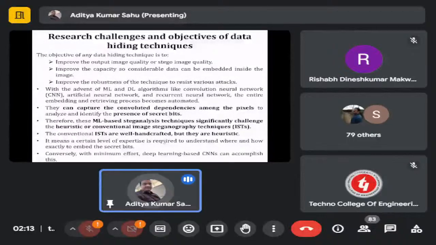Because the conventional image steganography techniques are well handcrafted, but they are heuristic in the sense that a certain level of expertise is required to understand where and how exactly to embed the secret information. In case of the old conventional image steganography techniques, handcrafted techniques.